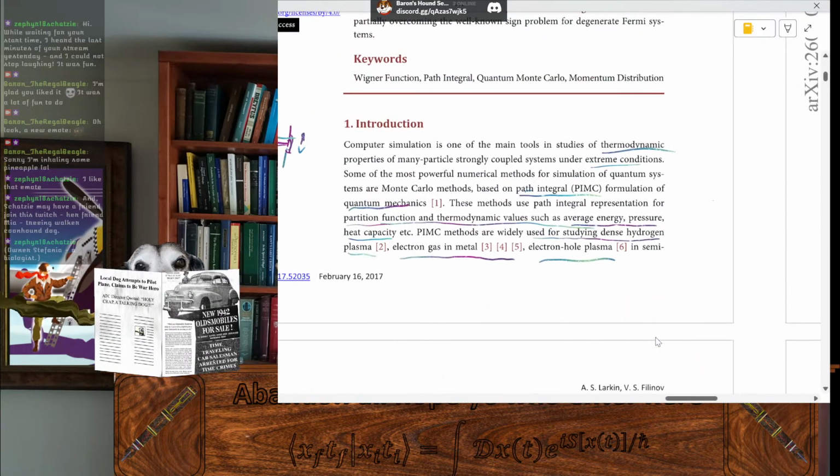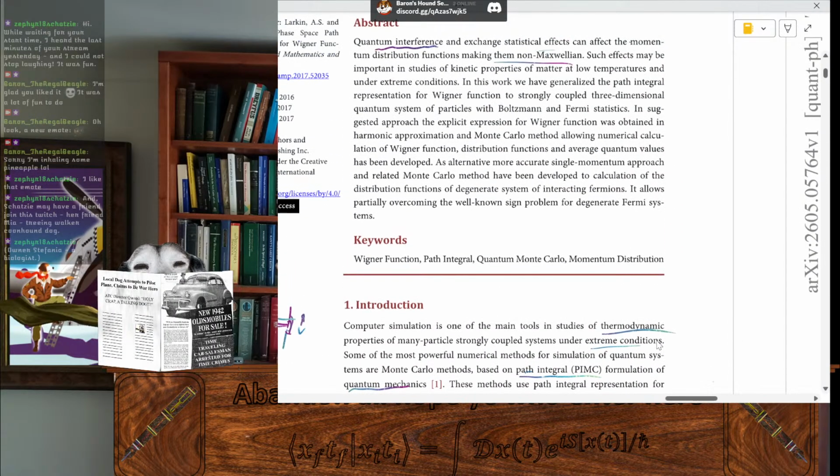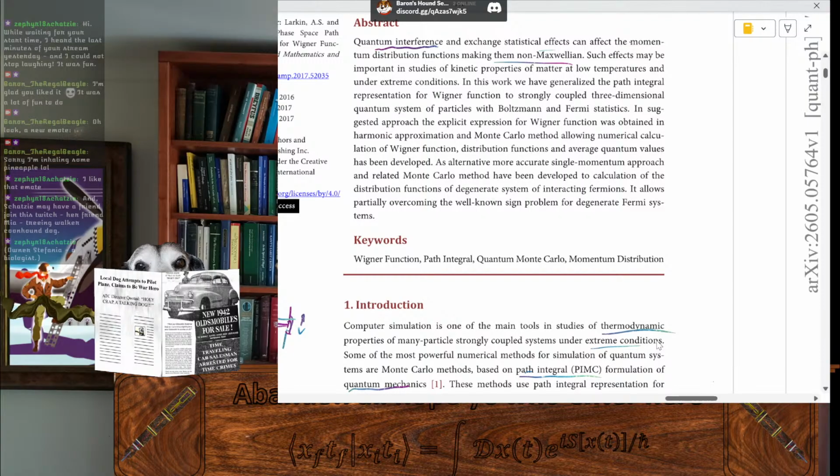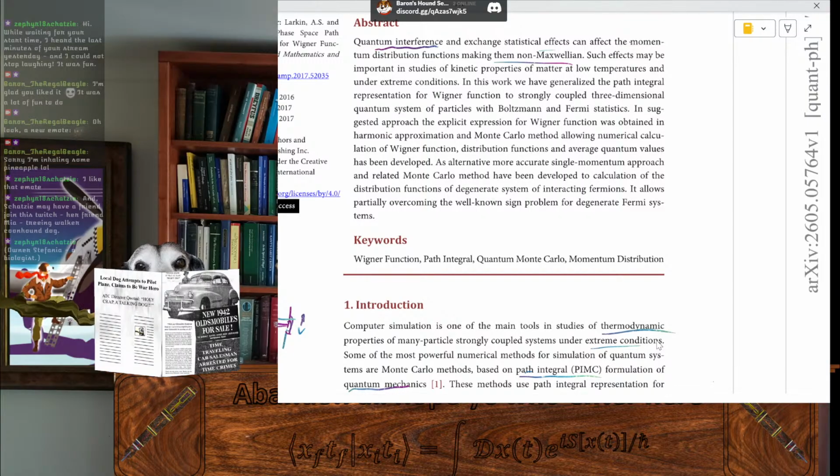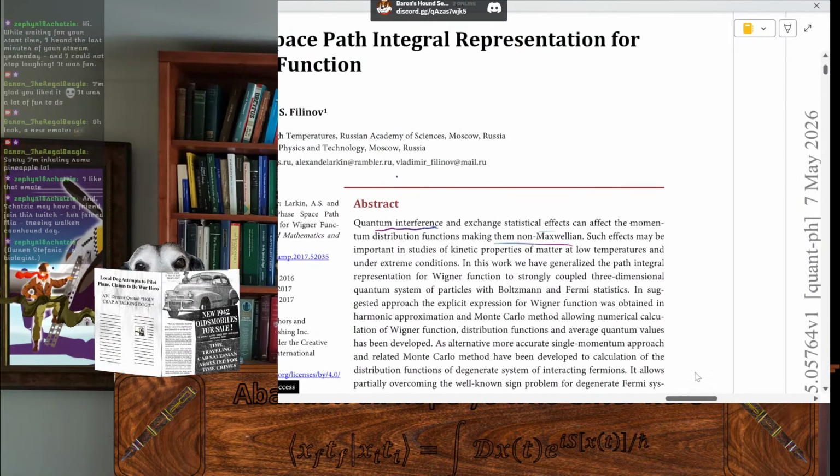So, what are we actually doing here? Well, for our purposes, we're just trying to learn how to do path integrals in Wigner spaces, right? Wigner distributions.